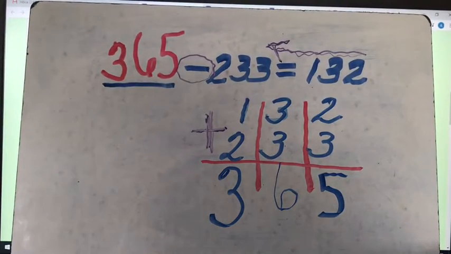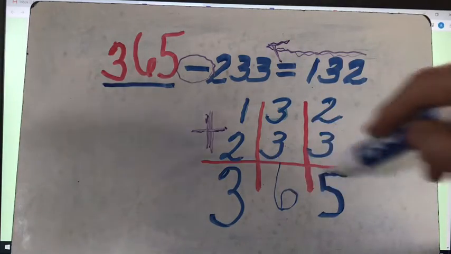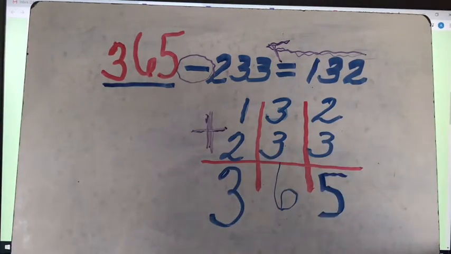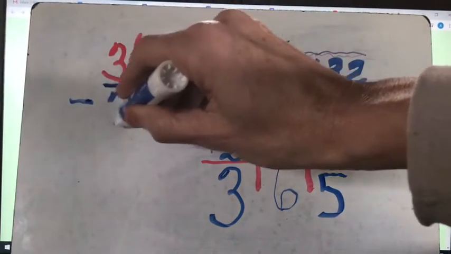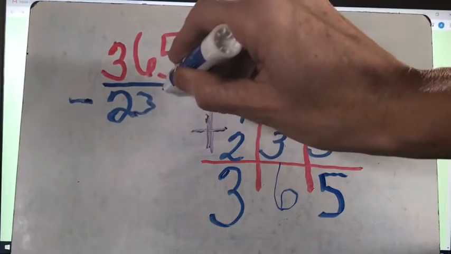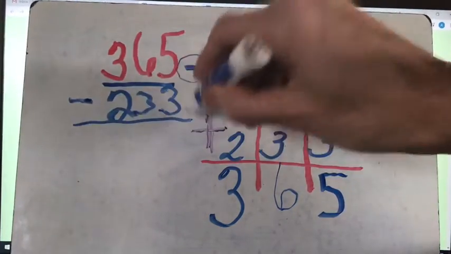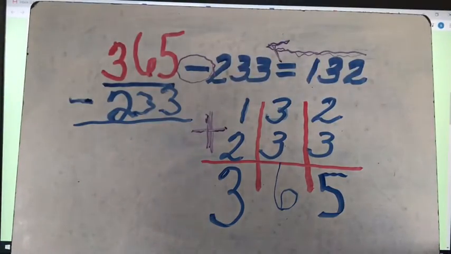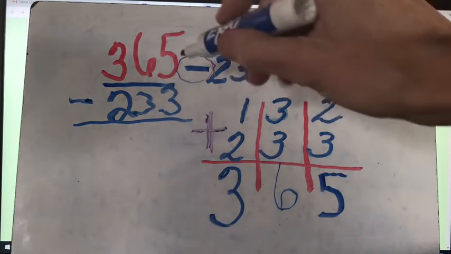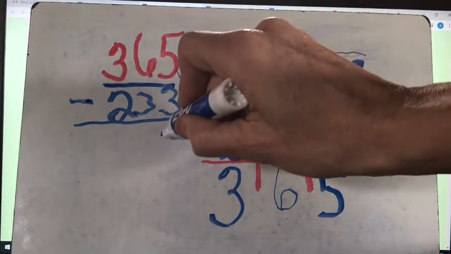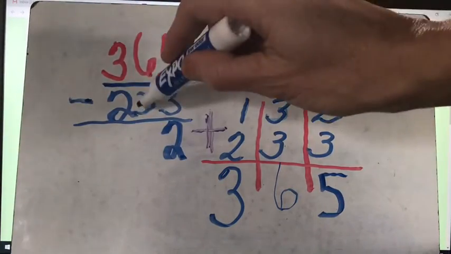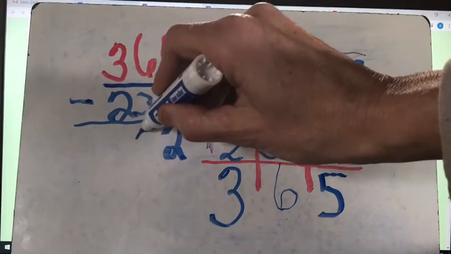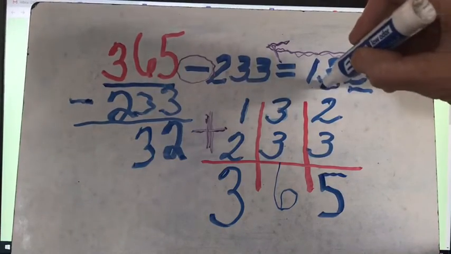minus 233 equals 132. Let's make sure that's correct. So here's my 365. And let's see, if I minus 233, will that be true? 5 minus 3 is 2, and that checks out right there. 6 minus 3 is 3, and that is true right there.